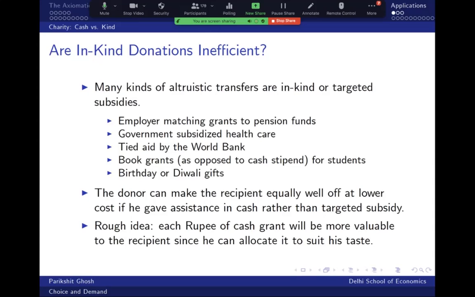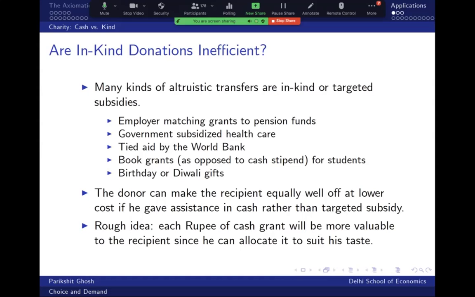Okay, so let's talk about an application, all right? And the basic question is, are in-kind donations inefficient, right? Does it make any economic sense to give donations to others, either as gifts or as charitable donations, in kind, right?